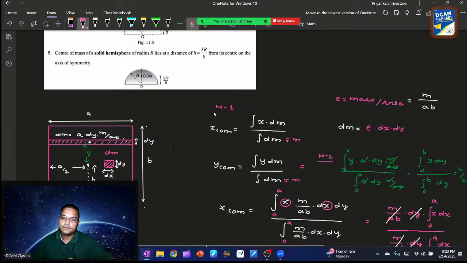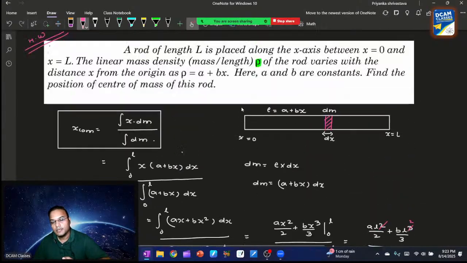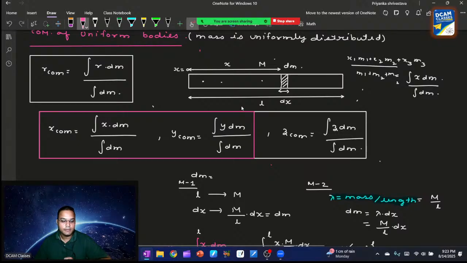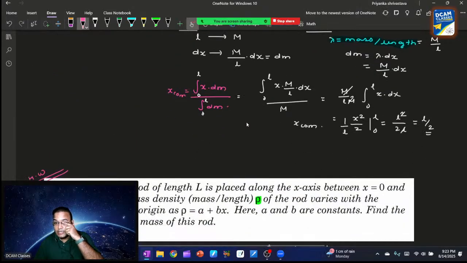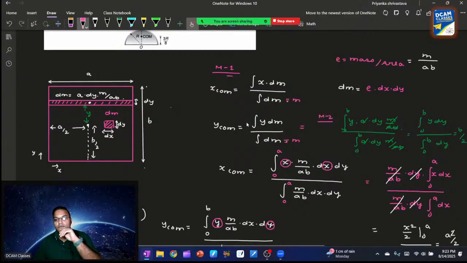Clear? No? See, this will be a bit confusing for you initially, because you are not very comfortable in the integration part. If you analyze this by yourself one or two times, it will be easy.